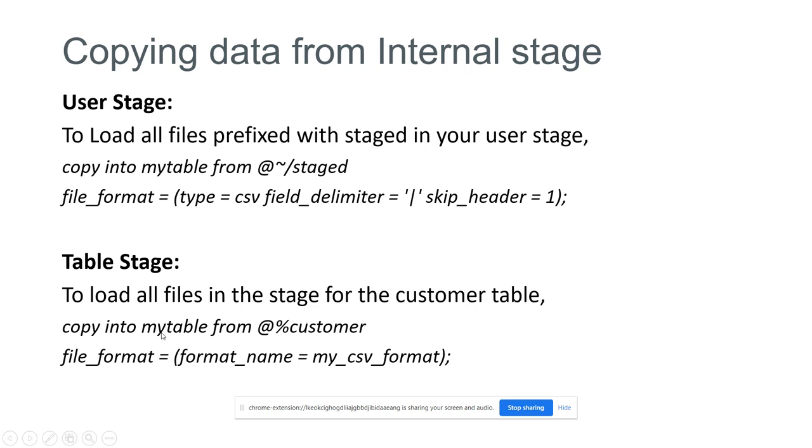Copy into customer from at the rate customer. Just ignore this, I'll correct this mistake later. Copy into customer from at the rate percentage customer, because I told you the table staging area name is the same as the table name. And I have to specify the file format like this.